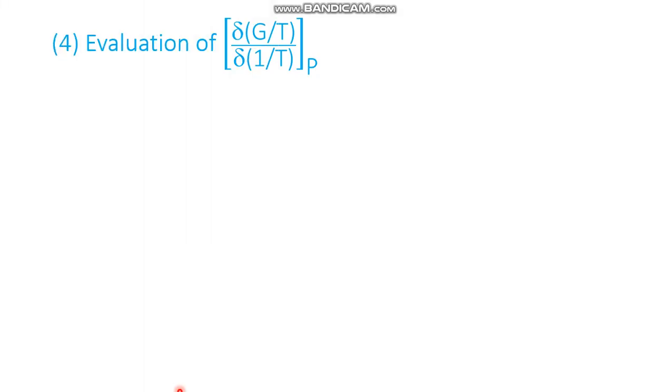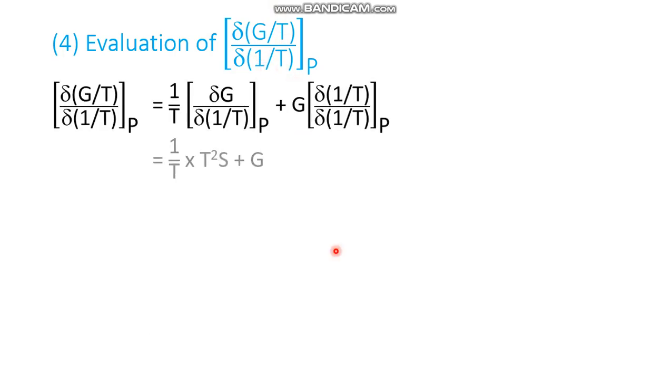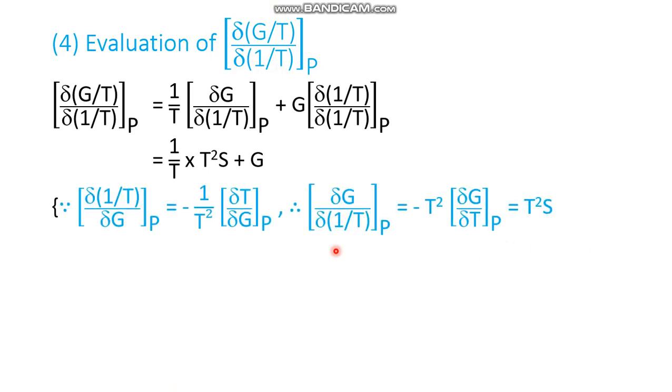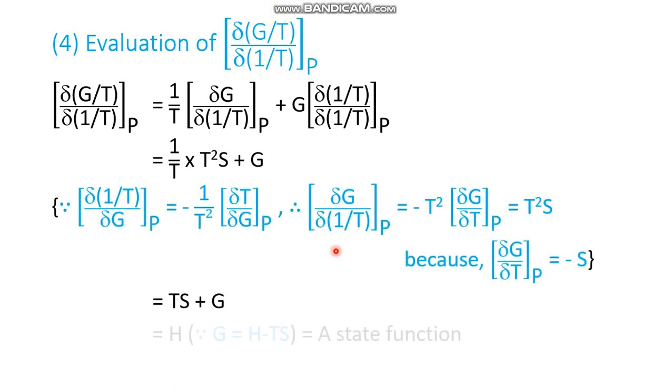Similarly, when we evaluate del of G by T by del of 1 by T at constant pressure, the same results are obtained and we get the final result TS plus G. And since G equals H minus TS, therefore TS plus G must be equal to H, which is yet another state function. So that's all for today's lecture.